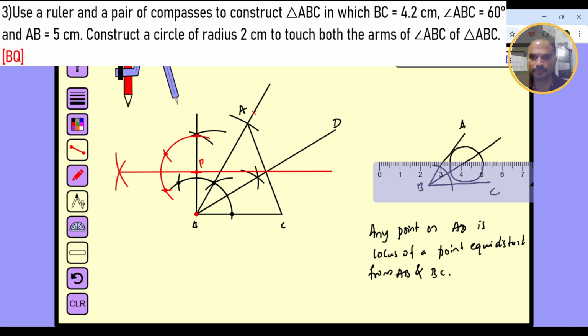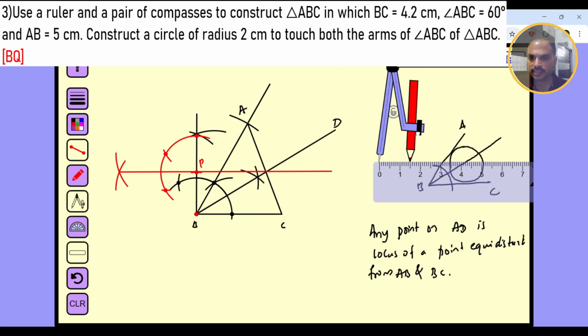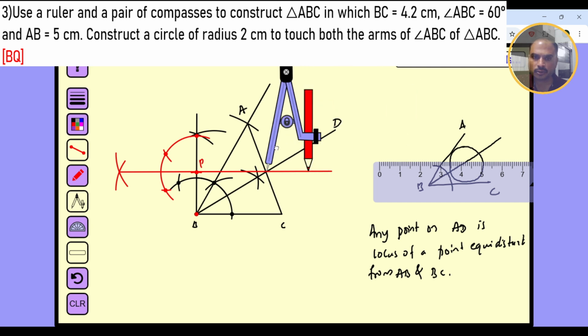angular bisector of ABC. So I have to draw a circle which is at an equal distance from BC and AB, and it is of the radius 2 centimeter. Now if I take the radius as 2 centimeter, so now I'll get to know whether I have done accurate construction or not.